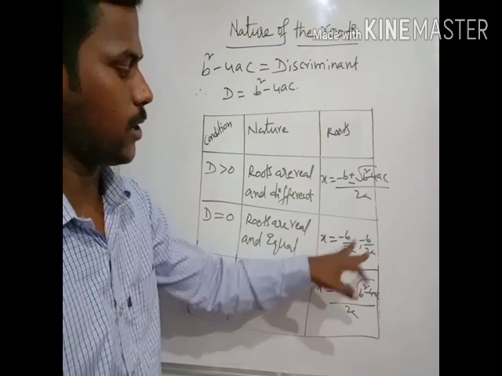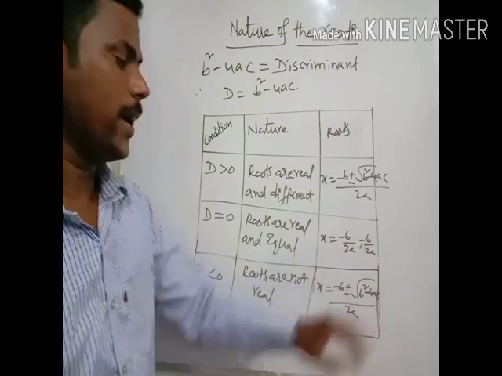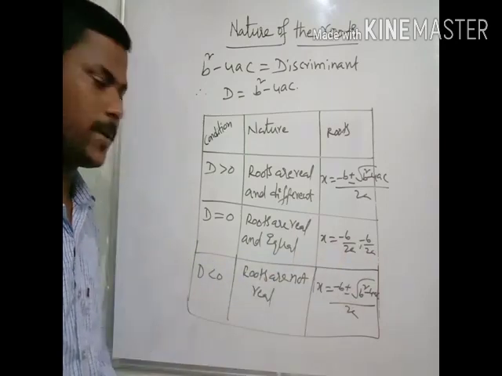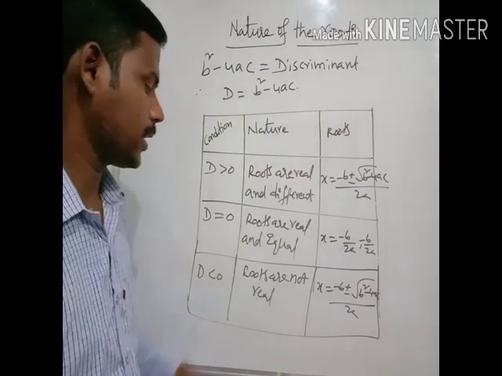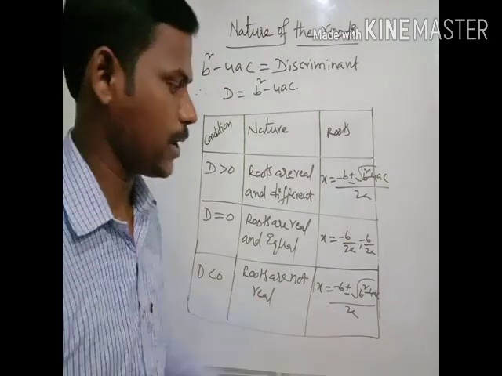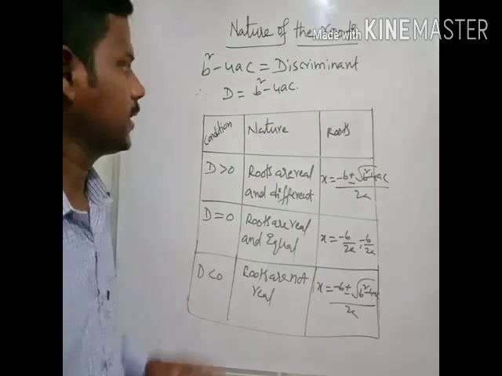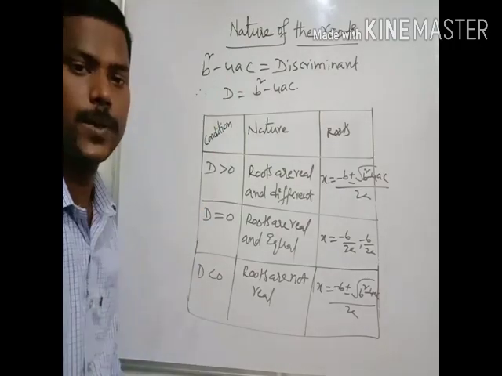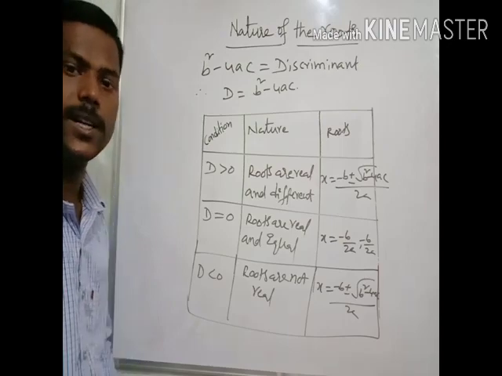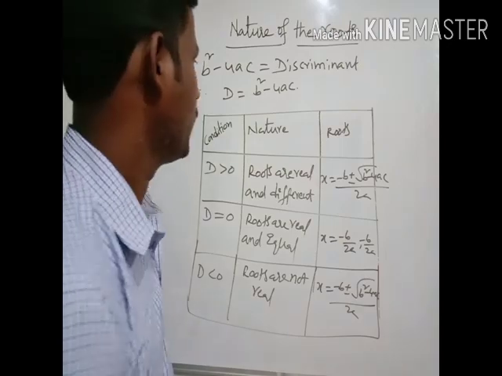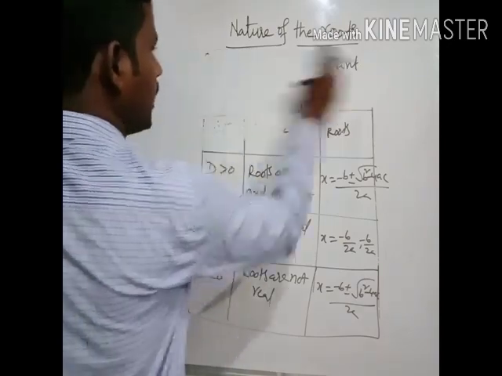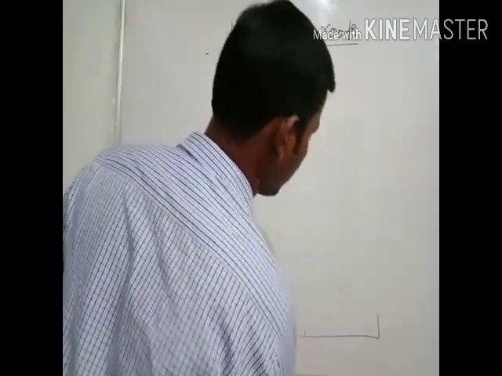So formula x equal to minus b by 2a and minus b by 2a. Discriminant less than 0, then the roots are not real. So same formula applies. We get imaginary roots. This is about the nature of the roots. Understood children? Okay. We will see examples about this nature of the roots.